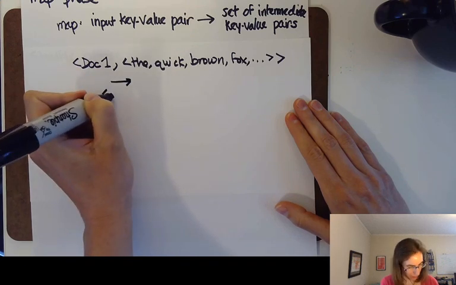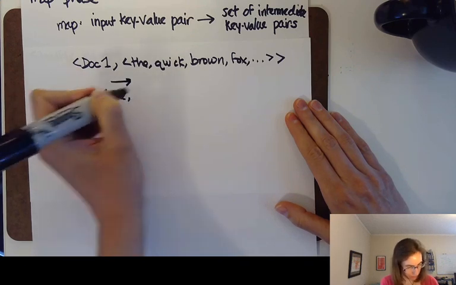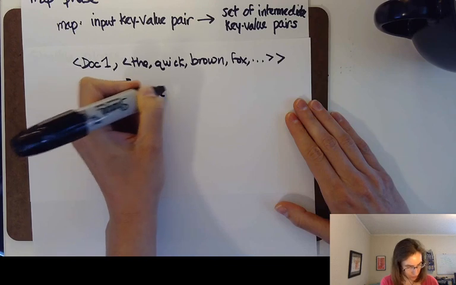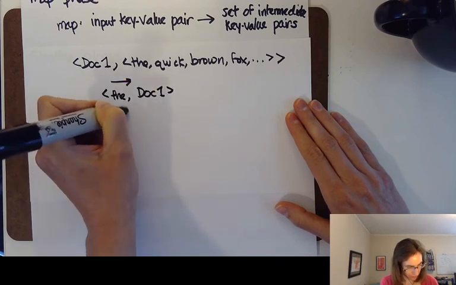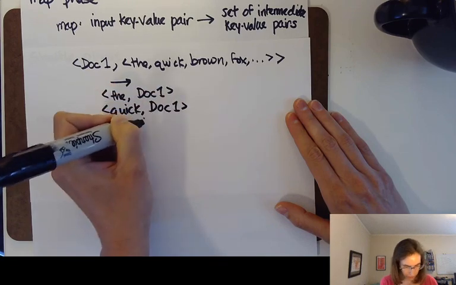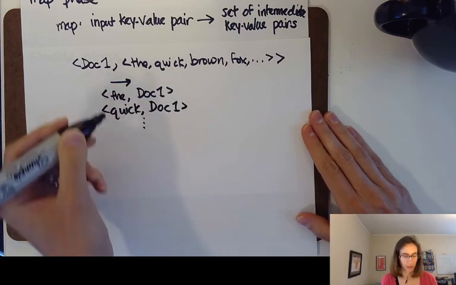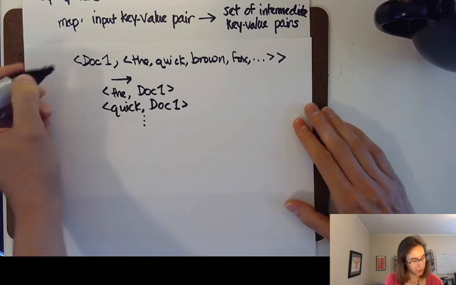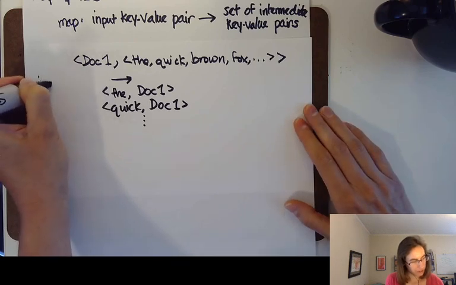So we would have a mapping from words to document identifiers, and so on. Okay, so that's what we would do if we wanted to do the inverted index.